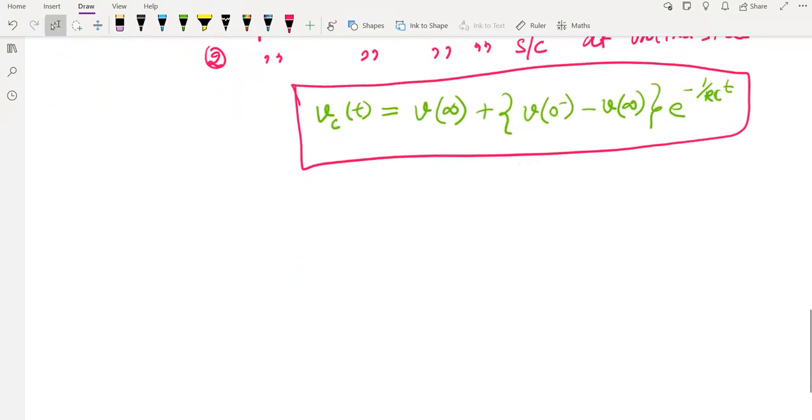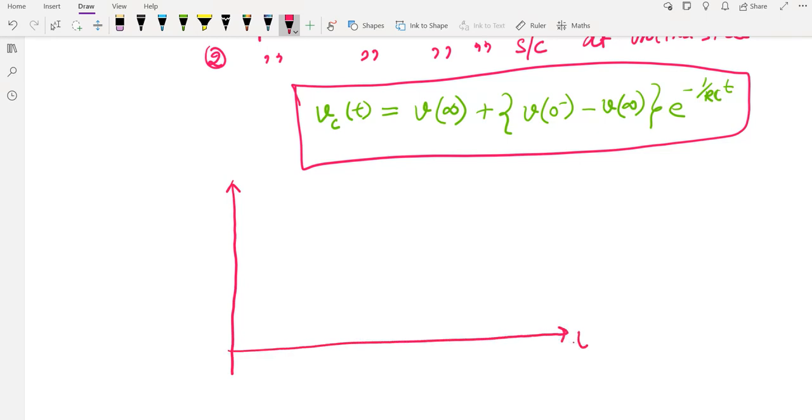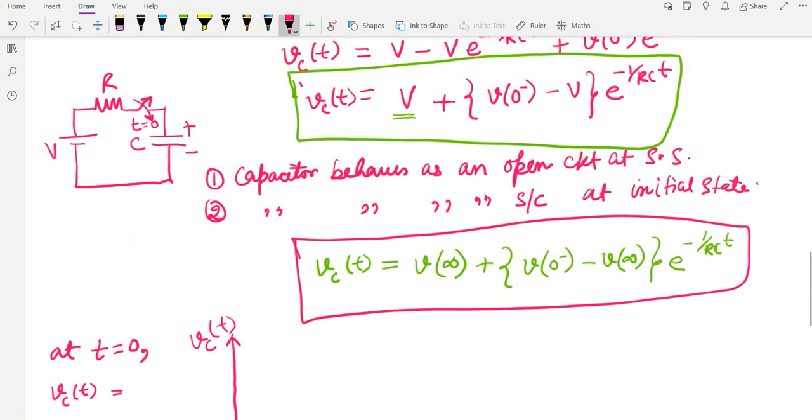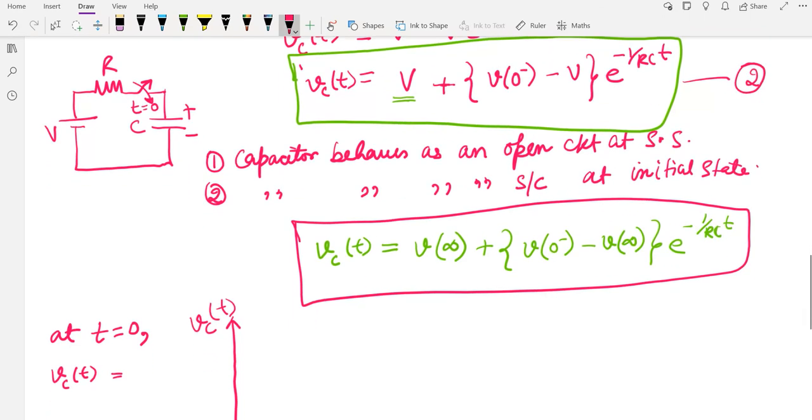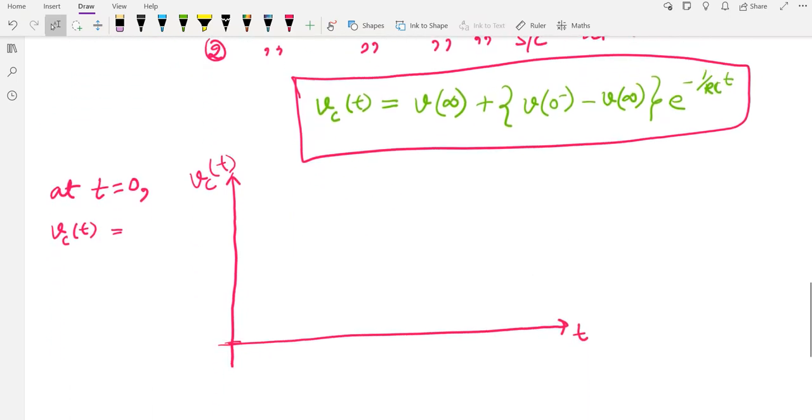We will see the plot for this. If we see the voltage Vc(t) with the time axis, we will find that at t equal to 0, if we put t equal to 0 in this equation, from equation number 2, we will get Vc(t) equal to V. Okay, you can calculate it by putting t equal to 0.